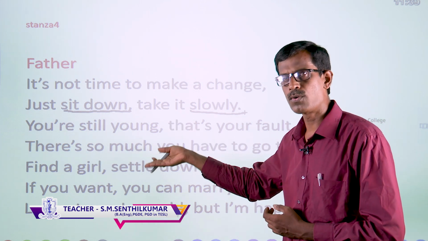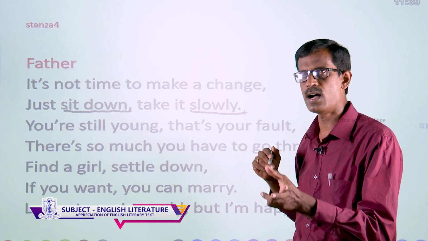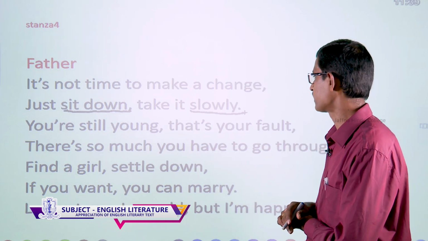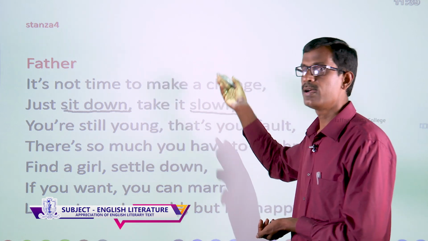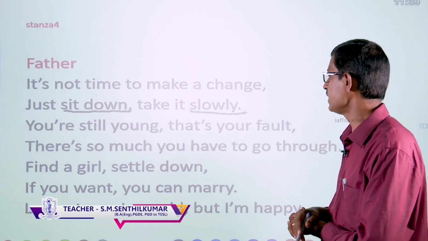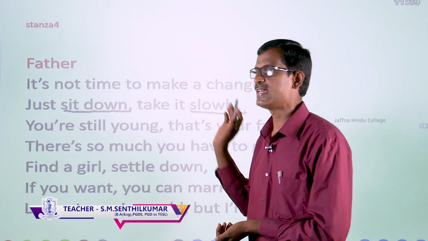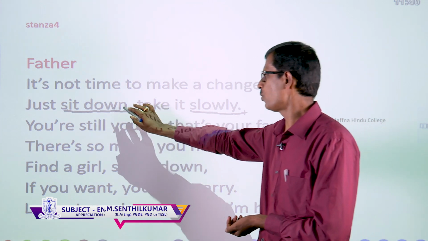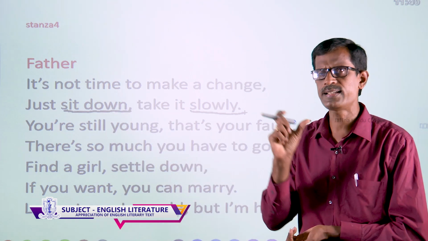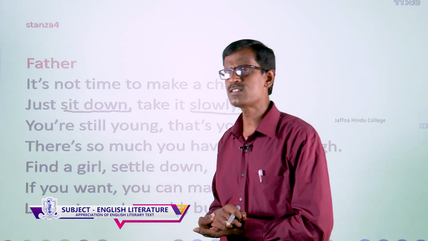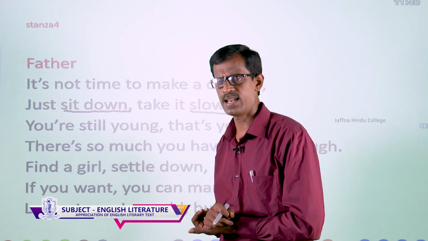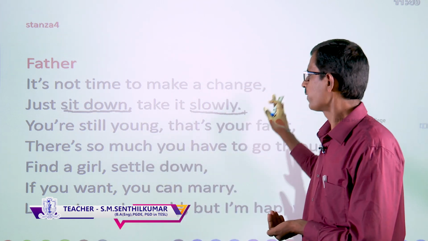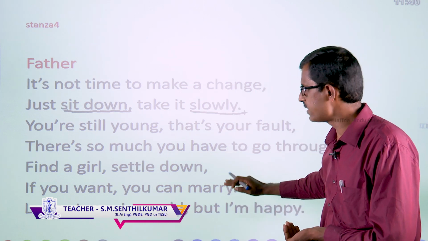Here, sit down. Only this phrase, sit down. Here they say relax. Here, slowly. Earlier in the first stanza, easy. Why did he change it? The word change shows the ignorance of changes in life, which has been brought in here. Right? The same line is repeated.